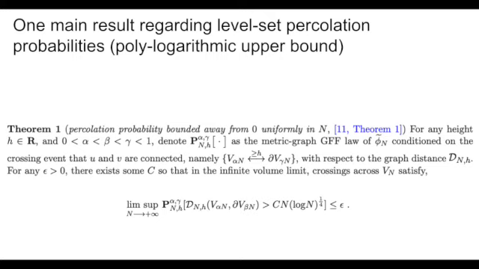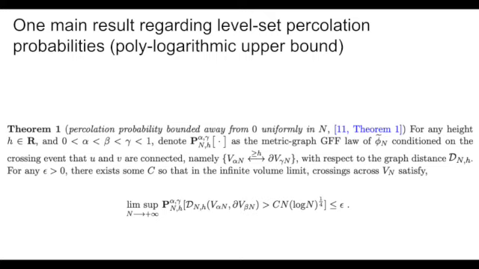So in this theorem, that we have appropriated from their work to describe how the incipient infinite cluster for the metric graph Gaussian free field in 3 dimensions can be constructed, we make a similar use of parameters that we had mentioned earlier, namely that we look at some real height h that we want the field, the metric graph extension in 3 dimensions, to exceed, and we introduce the same parameters alpha, beta, and gamma that we introduced.